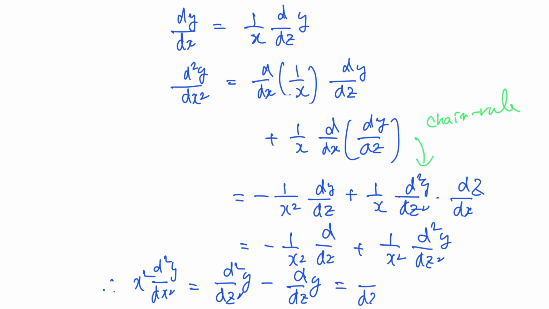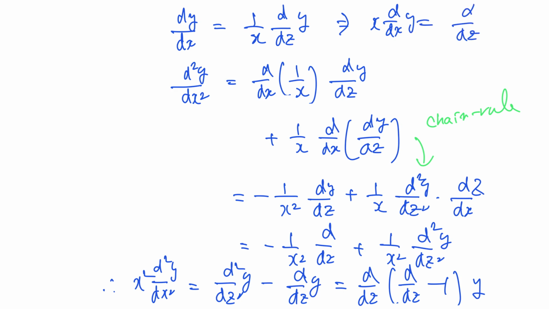We can put this in this way: d/dz (d/dz minus 1) y. So this is actually x dy/dx is dy/dz.